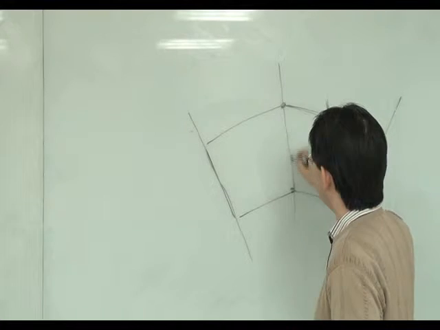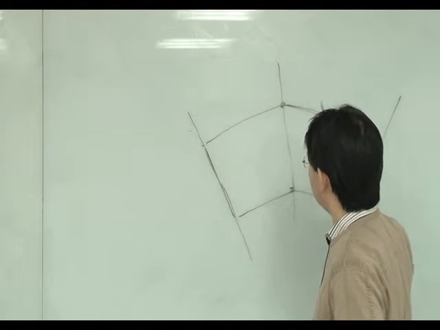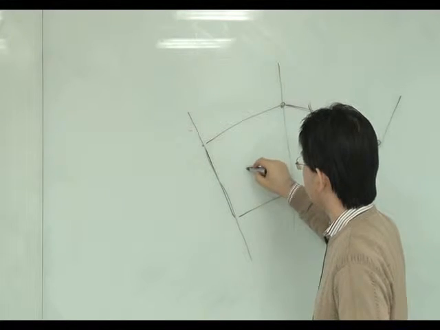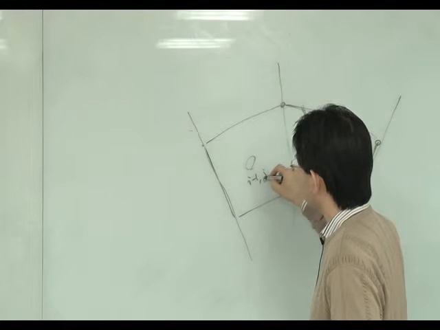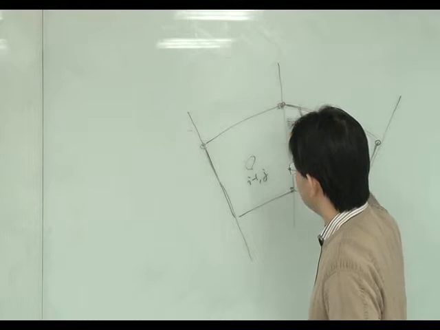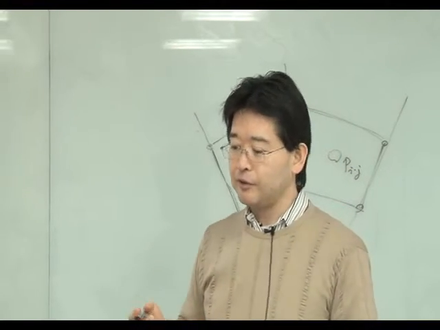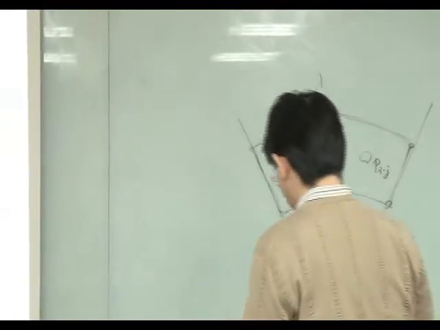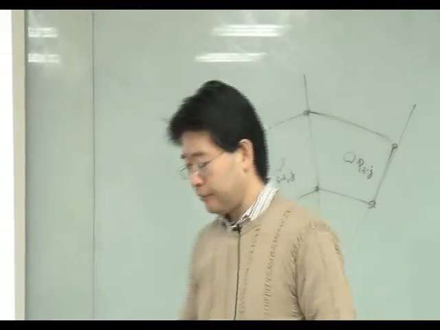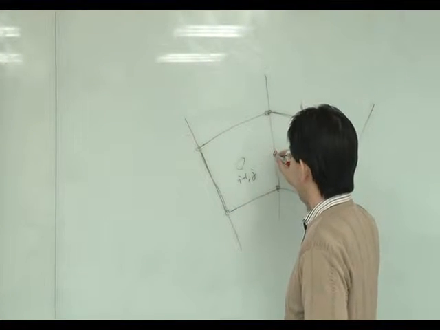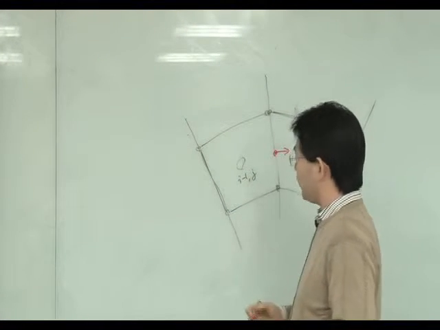This one is the primary control volume, and the pressure is here. These 4 points are the vertices of the adjacent control volume, and the velocity component is defined here.